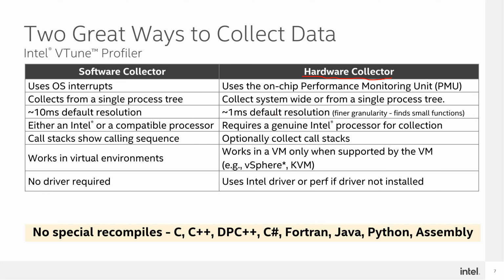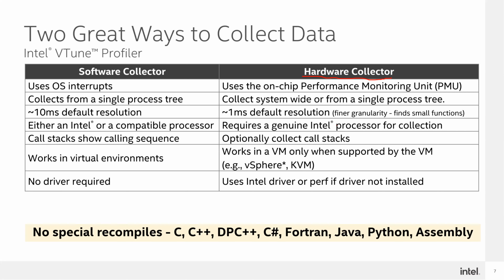The default resolution is 1 millisecond, and finer granularity is even possible, but then on the other hand, you generate more data. So you have to think about if you have a fast I/O, you might want to generate more data and have the fine granularity, or vice versa.